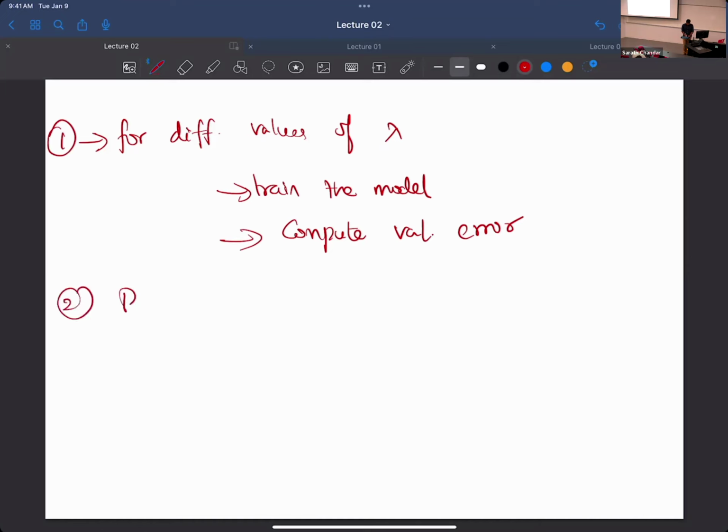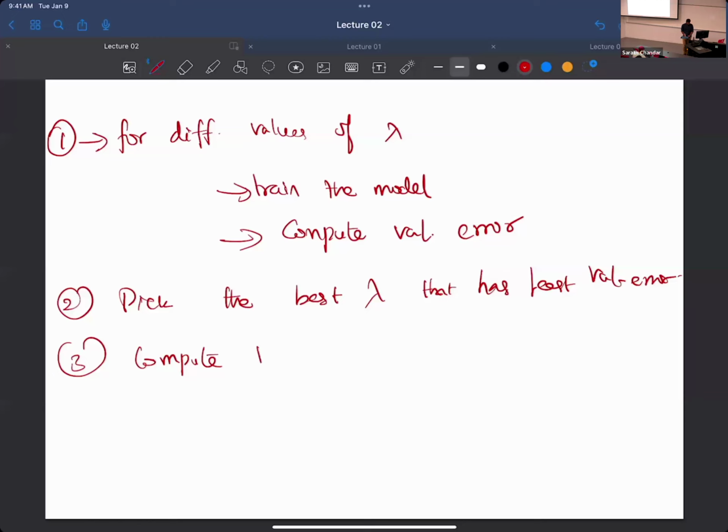Then I'm going to pick the best lambda that has least validation error. And finally, I'm going to compute the test error for the model with the chosen lambda.